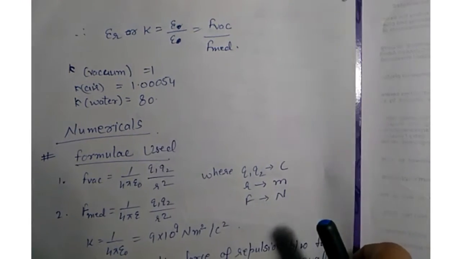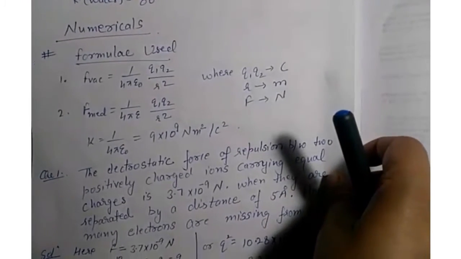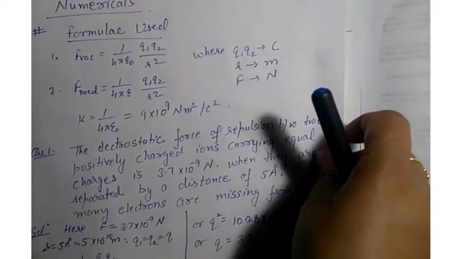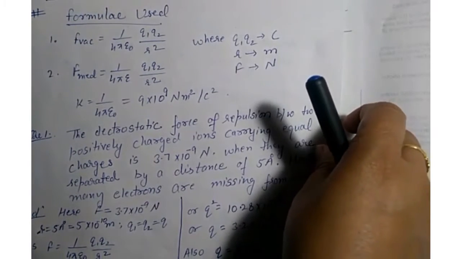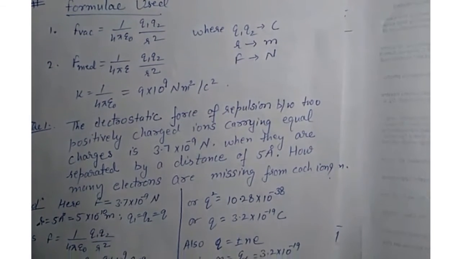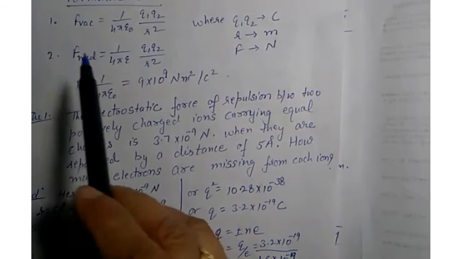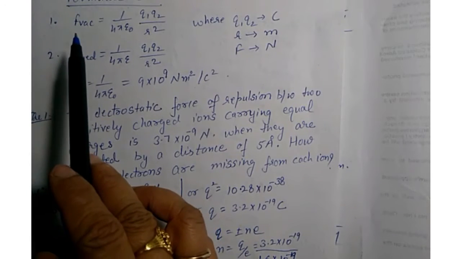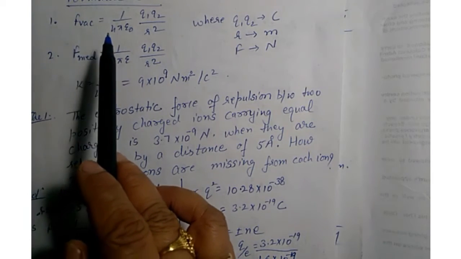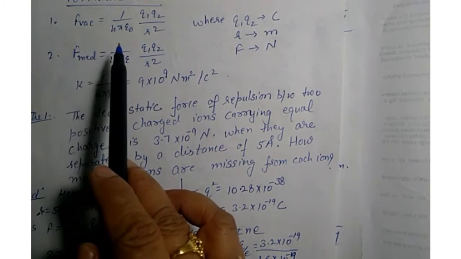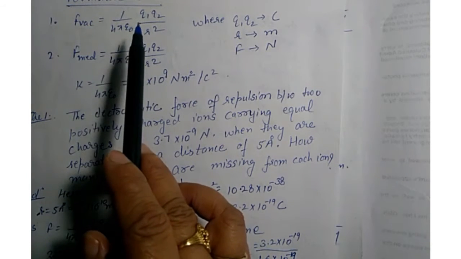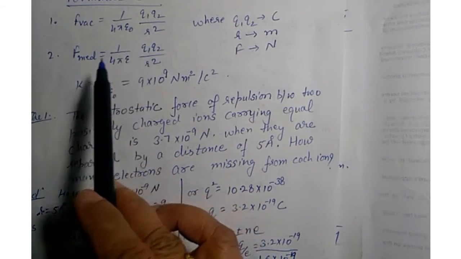So after these topics, let us solve a few numerical problems, and the formulae used to solve the numericals are Coulomb's law in vacuum, that is force in vacuum is equal to 1 upon 4 pi epsilon naught q1 q2 upon r square.